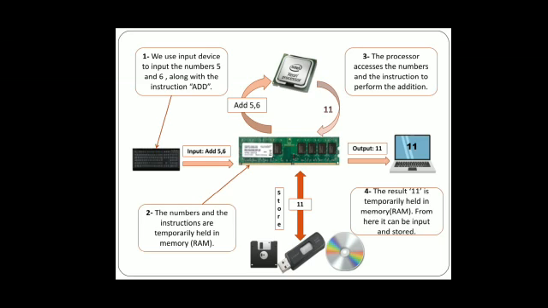The numbers and the instructions are temporarily held in the memory. Which memory? RAM. Yes, these instructions are temporarily held in the memory. The process start processing and give us a result, that is 11, and then it perform addition and then it will show us the result and temporarily hold it into the memory, that is RAM.